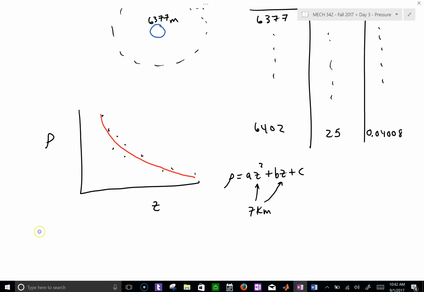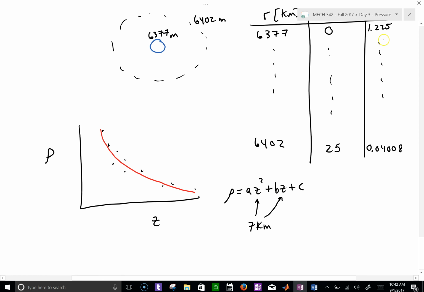And you should get something somewhere in this region, because this is 25 kilometers. It better be within your range of table values. It shouldn't be off your table values. So that's a good way to check. So that's part A.